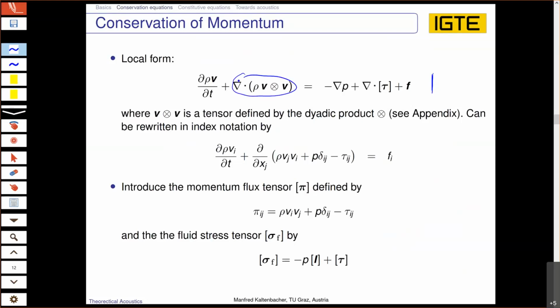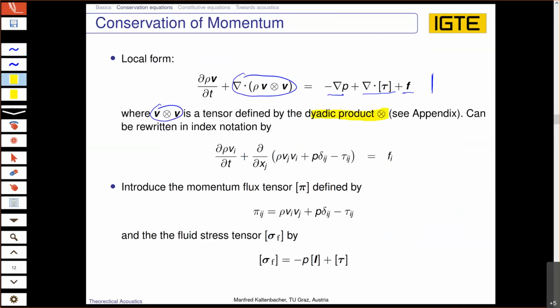And that is coming out due to the total change of the momentum, and that is balanced by the gradient of the pressure, the divergence of the viscosity tensor, we will also come to it, and we will need a model for these viscous forces, and any volume forces, which could be gravity, electromagnetic forces, whatever. And this here we call the dyadic product of two vectors.